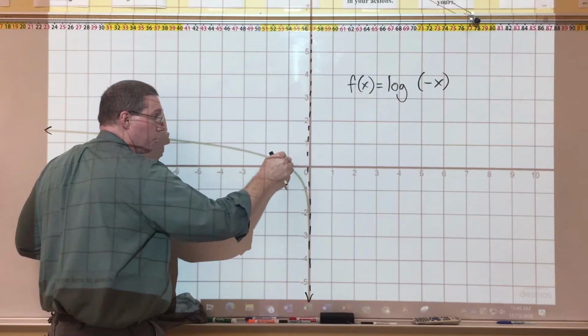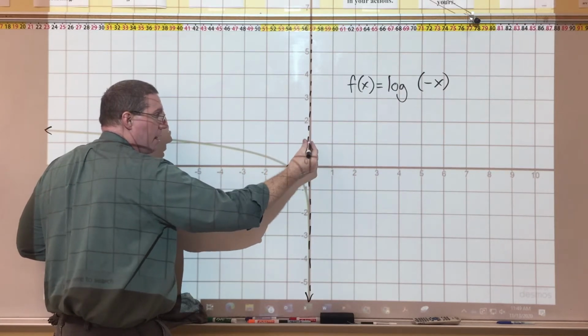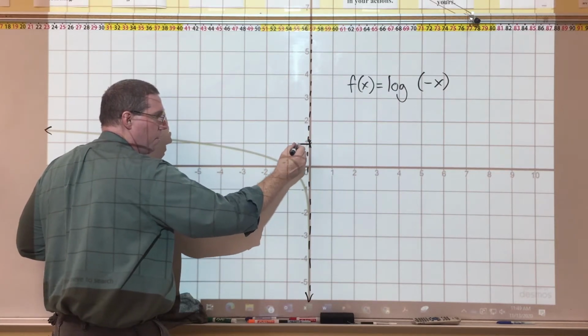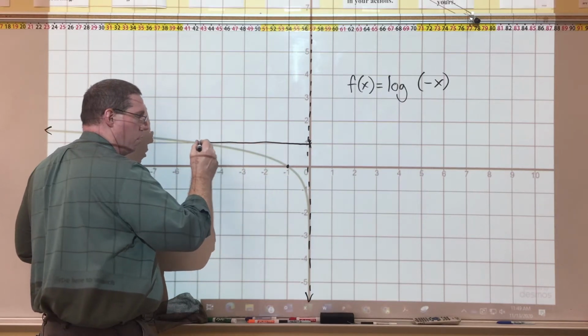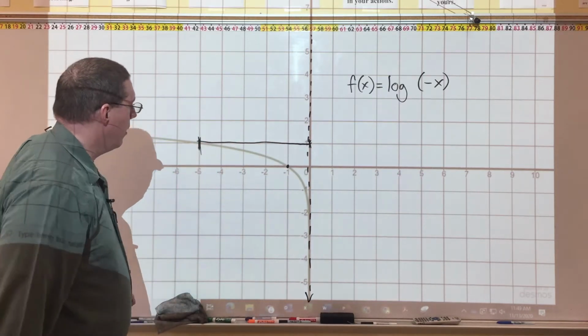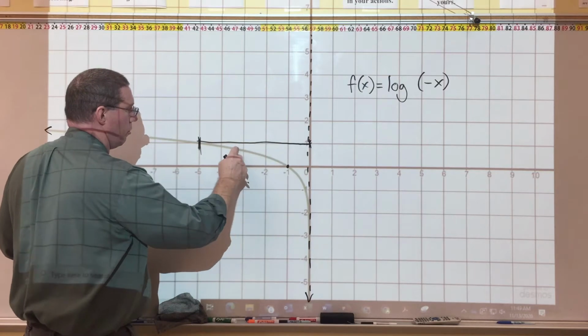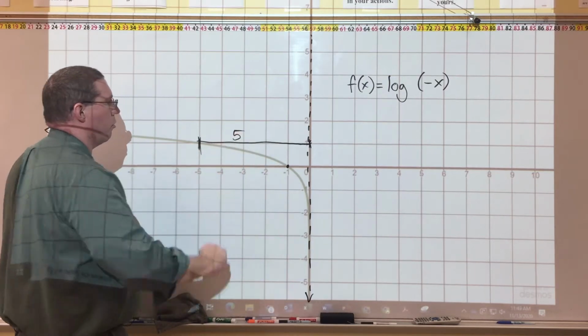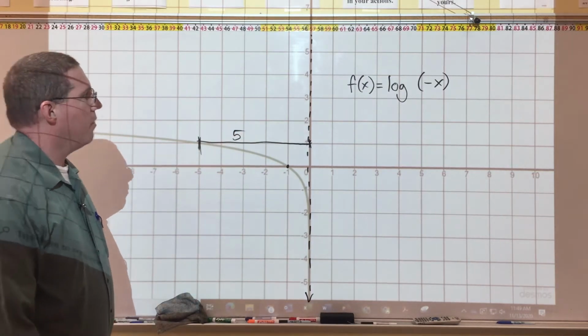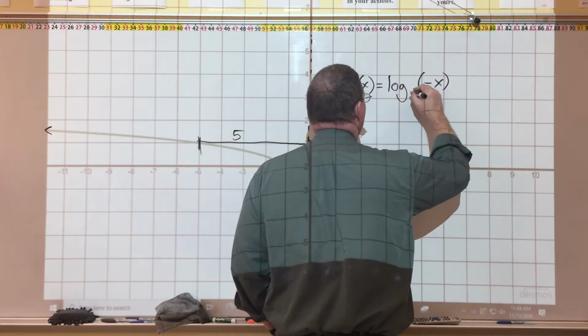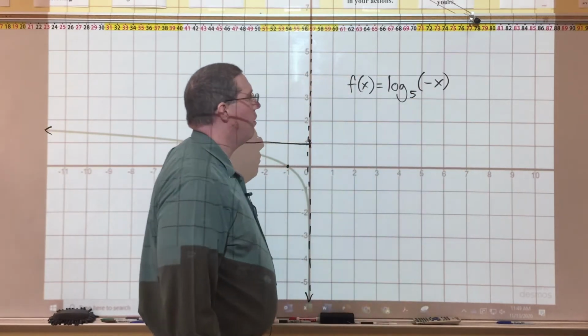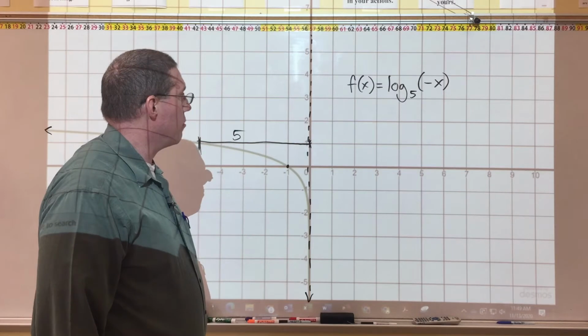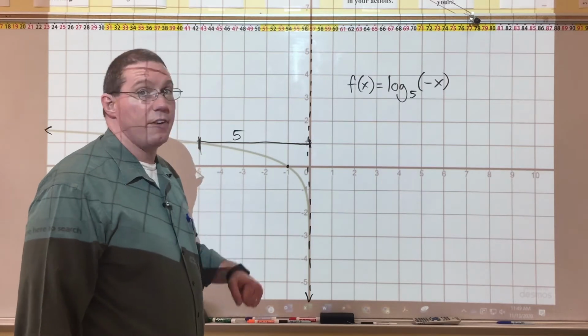Going up does, so we're going to go up 1 unit, go over to the asymptote right here. We count the distance from here over to the curve, which is right here, and the distance there is 1, 2, 3, 4, 5. So this logarithm has a base of 5, and therefore this is log base 5 of negative x. So f of x is equal to log base 5 of negative x.